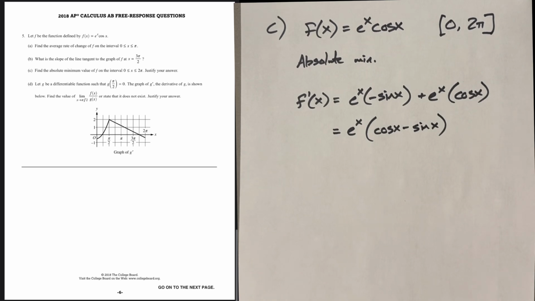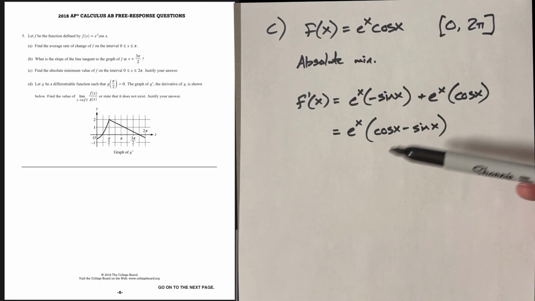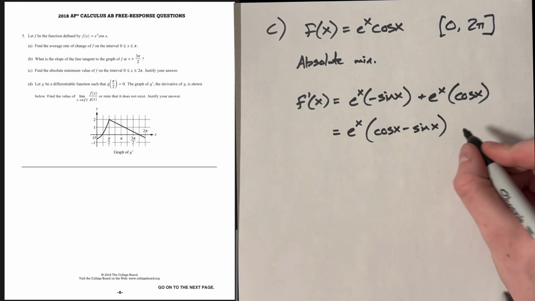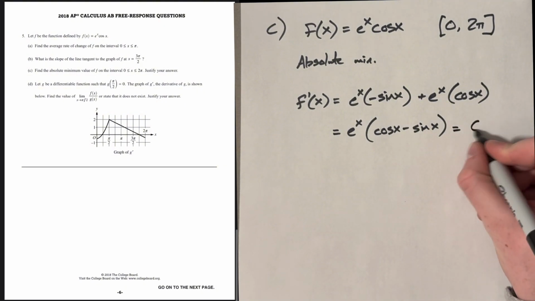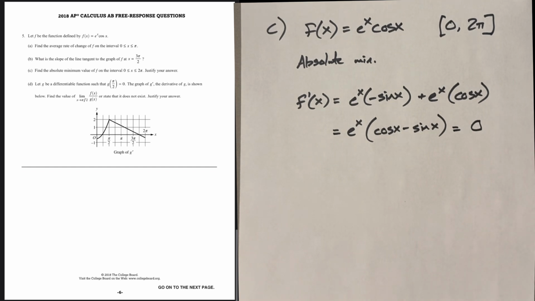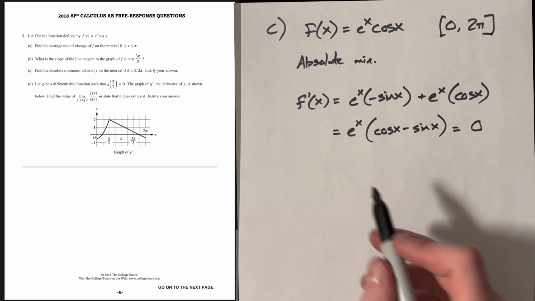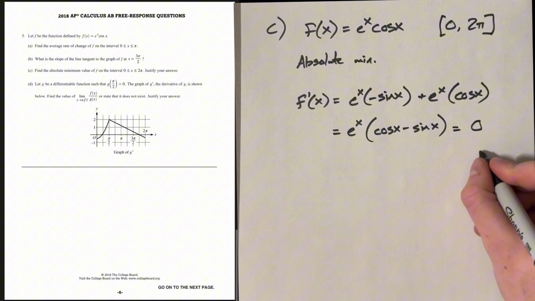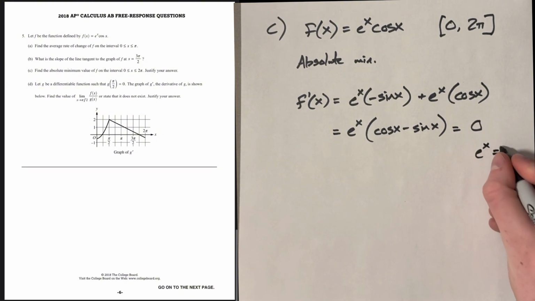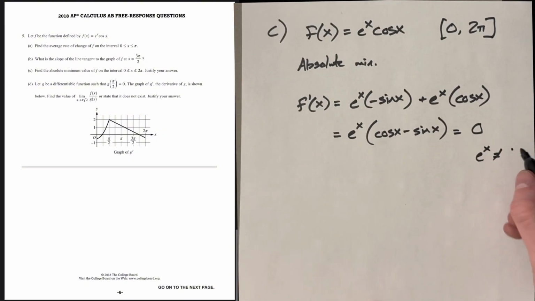Now, this cannot be undefined because e raised to any real power is a real number, and cosine and sine are also defined for all real numbers. So it can't be undefined. It can equal 0. But one important thing is that e to the x cannot equal 0.